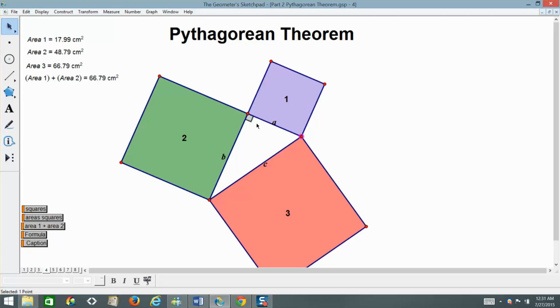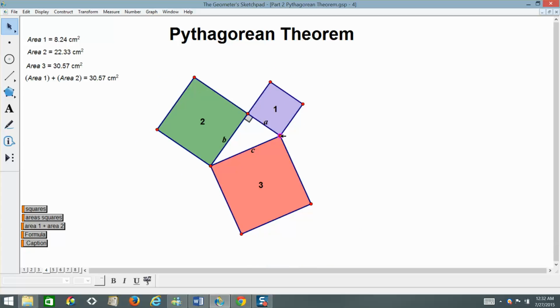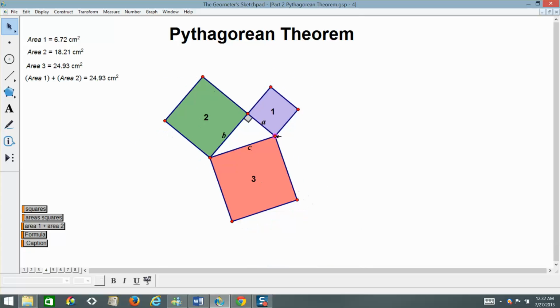Now you can see the size of this triangle is changing. What about this relationship? Yes, the result is still the same. Okay, I will drag again to make it smaller and observe the result.